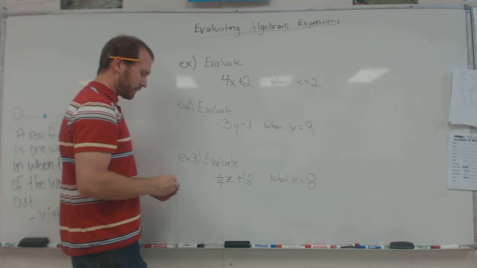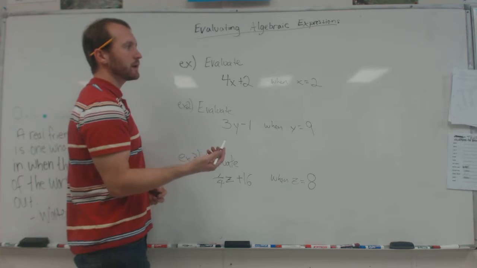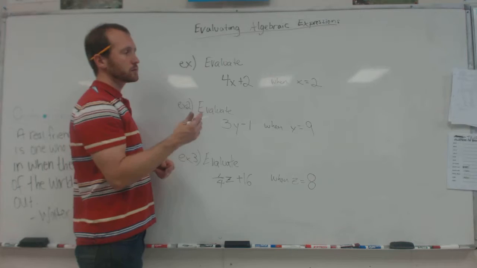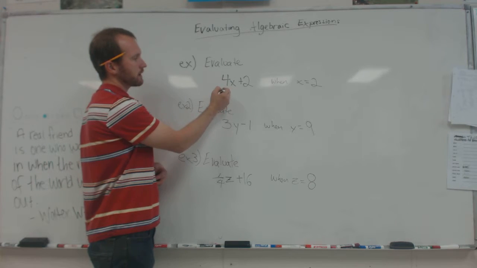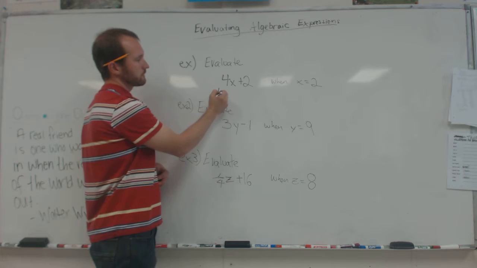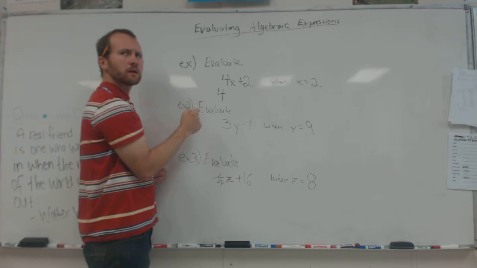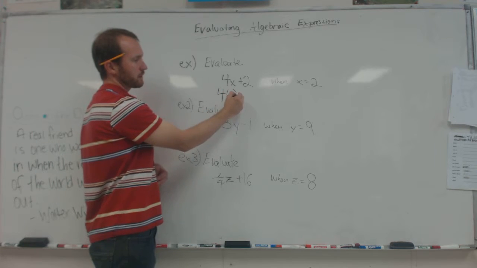All right, talk me through this first one here. I'm going to plug in what number instead of x? 2. So I start with 4x. What am I going to write instead? 4 over 2? Is it over x? Oh, no, it's next to that. Yeah, so I'm just going to put parentheses for the 2 inside.